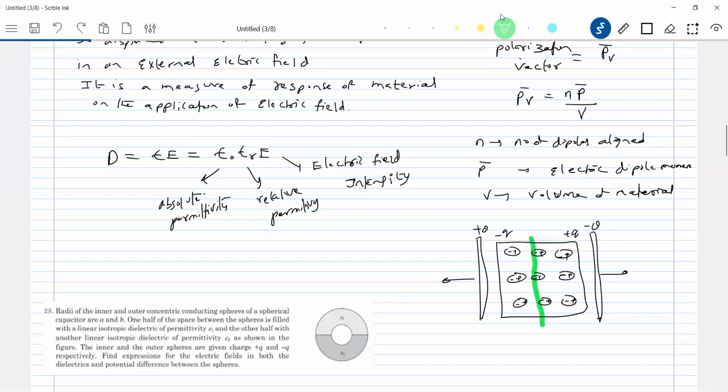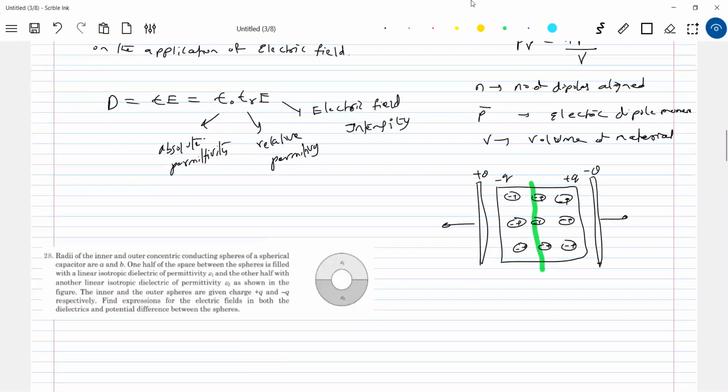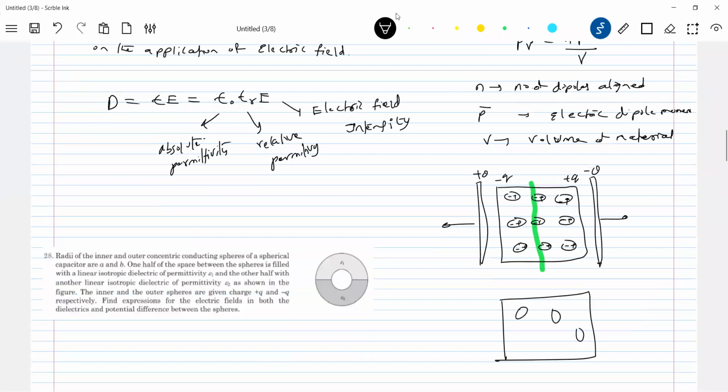A net charged layer is formed along the dielectric slab. Earlier, what was the net charge? If you take the dielectric slab which is not in the electric field, then the dipoles will be very randomly arranged. Dipole positions will be there, but their orientations will be different. So plus, minus, plus, minus, minus, plus.